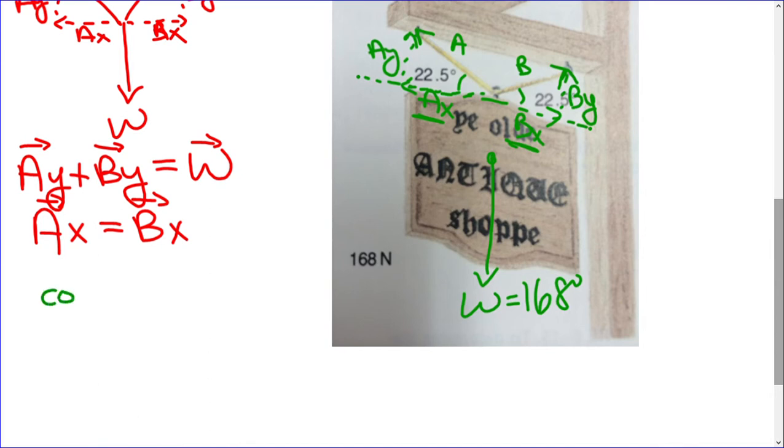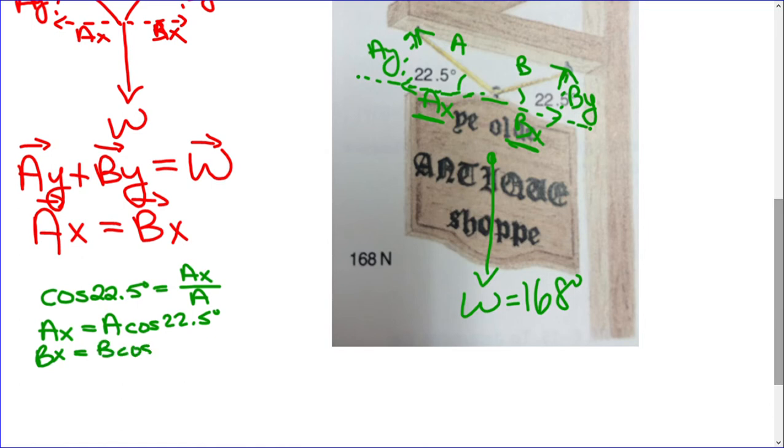So the cosine of 22.5 degrees must equal AX, that's the adjacent side, over the hypotenuse, which is A. That means that AX must equal A times the cosine of 22.5. And I can apply the same logic for BX because it's the exact same number. So that means that BX must equal B times the cosine of 22.5 degrees. Well, we know that they're equal to each other.